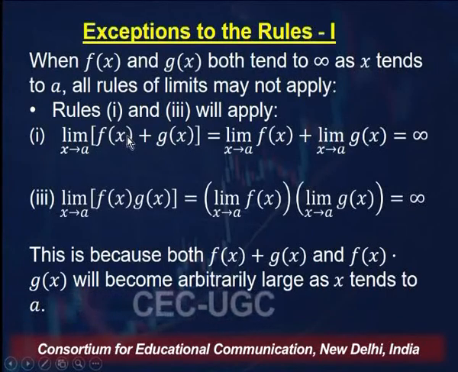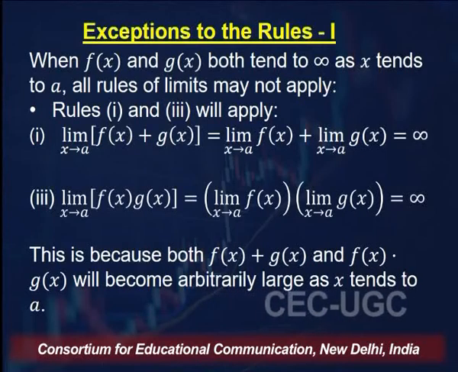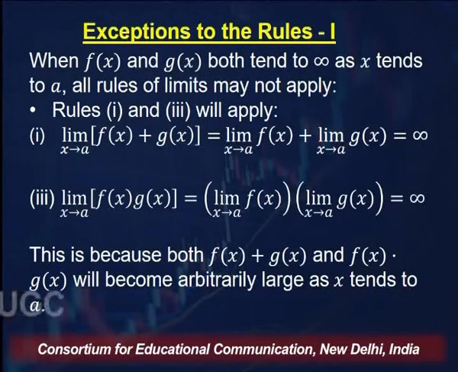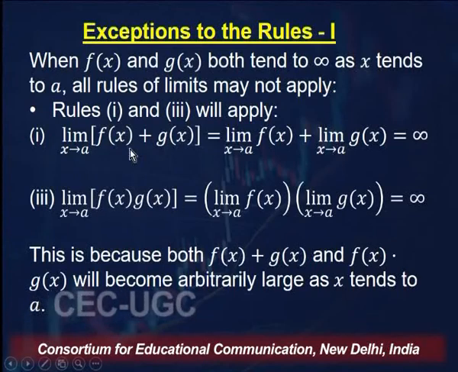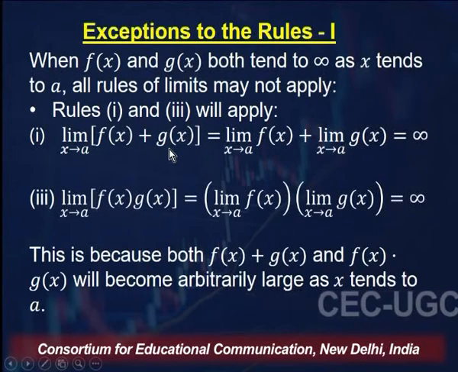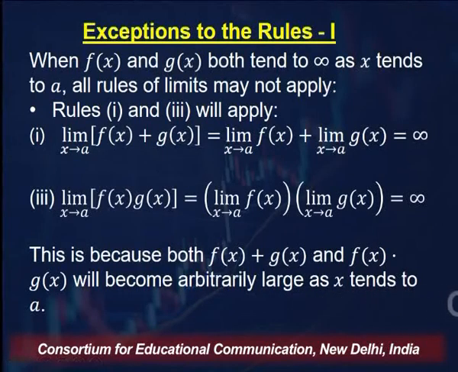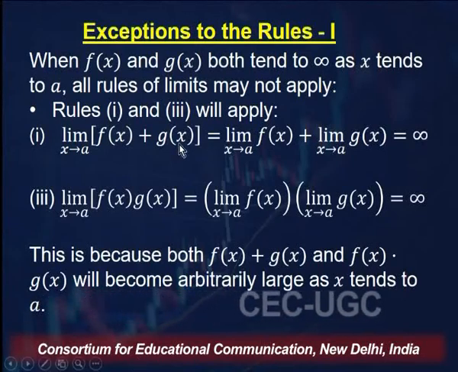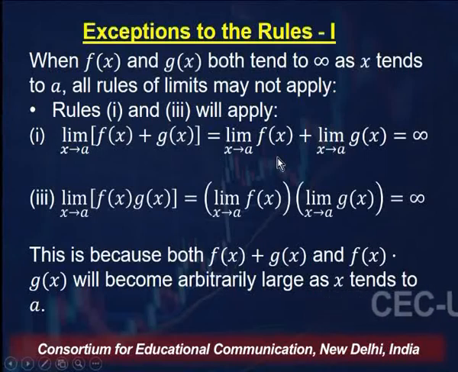The rule relating to the sum said that the limit of a sum is the sum of the limits. Now, if I want to calculate the limit of the sum of two functions f and g when both are becoming infinitely large, then clearly the sum will also become infinitely large. So we say that the limit of f plus g is equal to infinity.